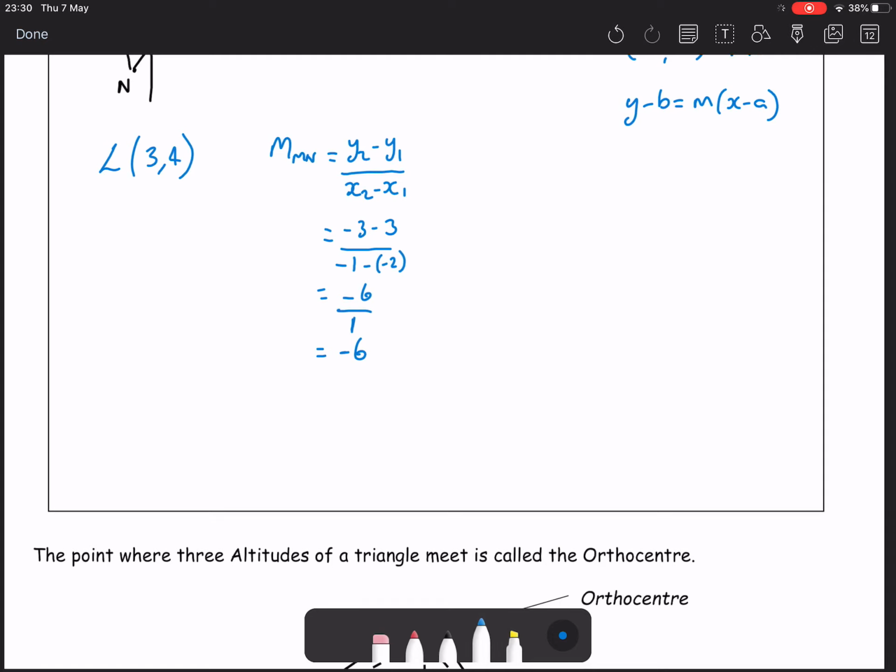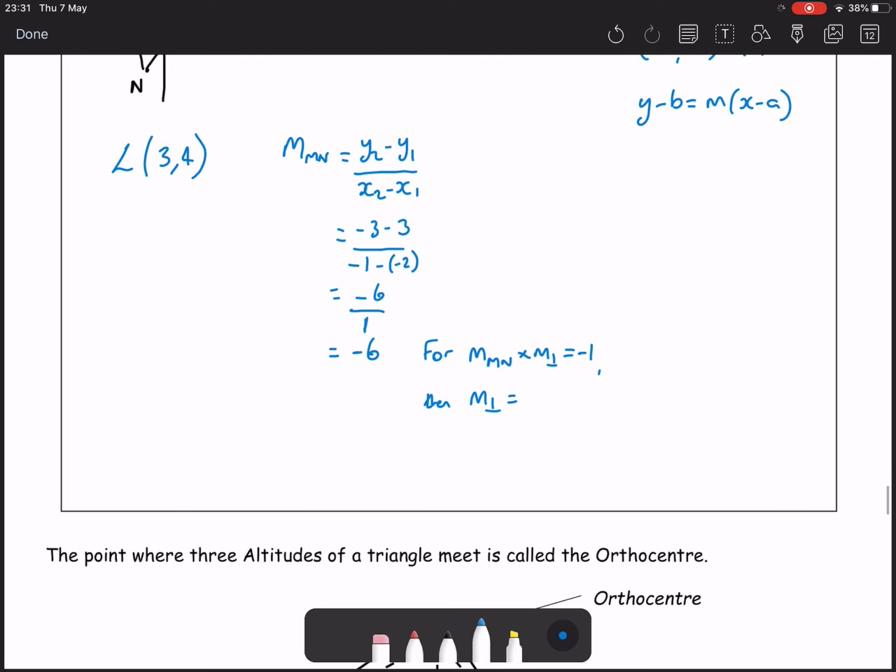My altitude is perpendicular to this, so the gradient of MN multiplied by the perpendicular gradient must equal -1. Then m perpendicular will be, from -6 over 1, flip to become 1 over 6.